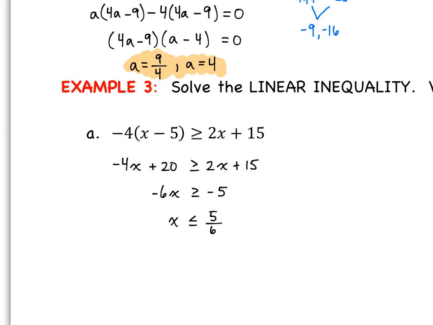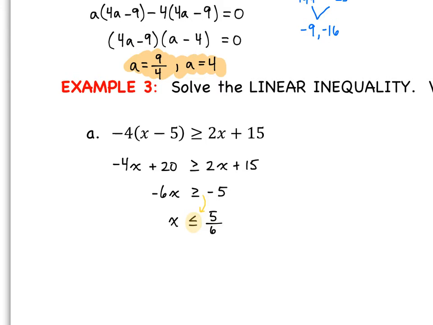But I want you to pay close attention. Remind yourselves what happens when you divide an inequality by a negative. Remember, you have to switch your sign. All right, so if you take a look, our sign switched from greater than or equal to less than or equal to when we divided both sides by -6.